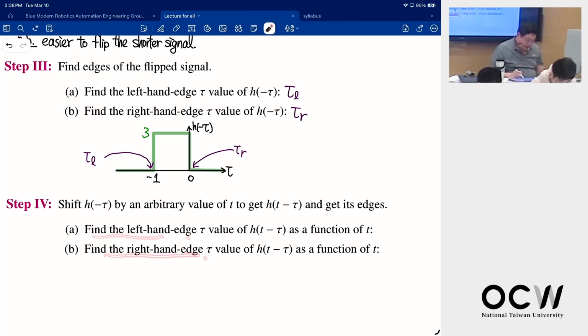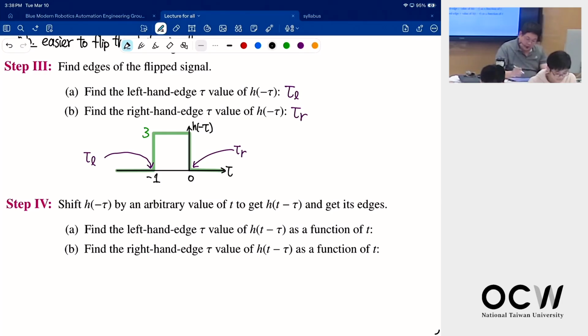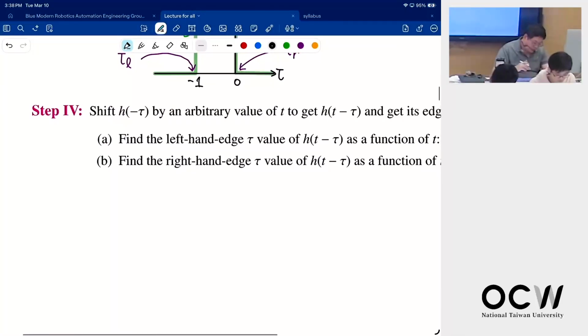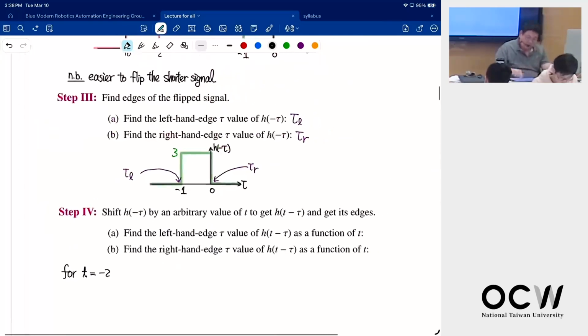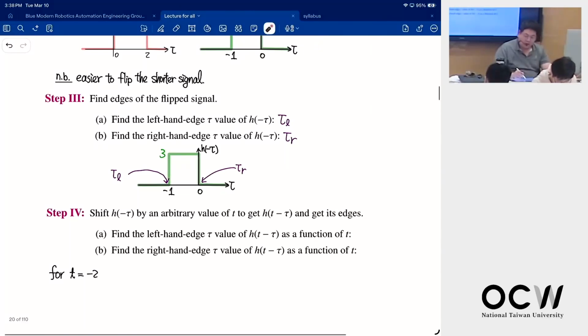For example, if this t is negative, so say t equals minus 2, I shift to the right or left.